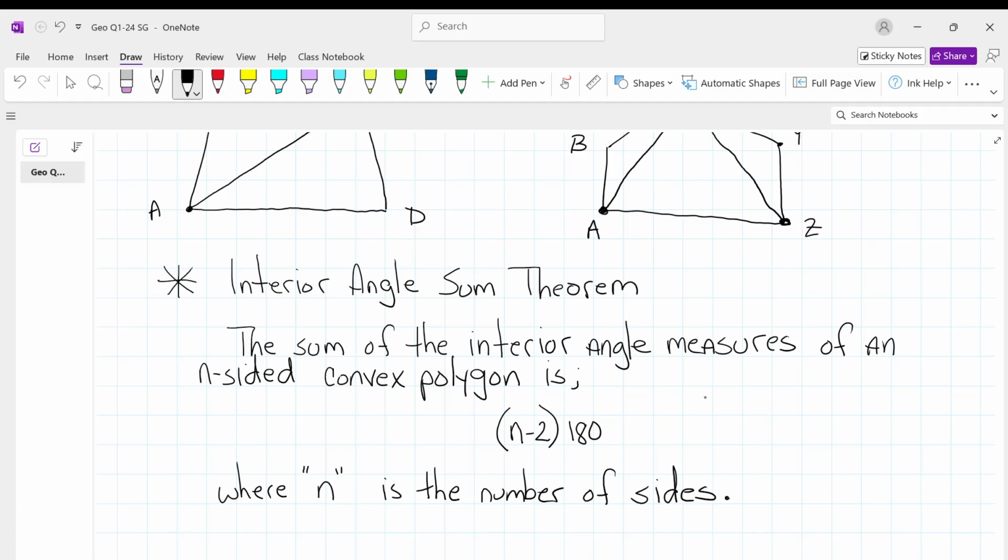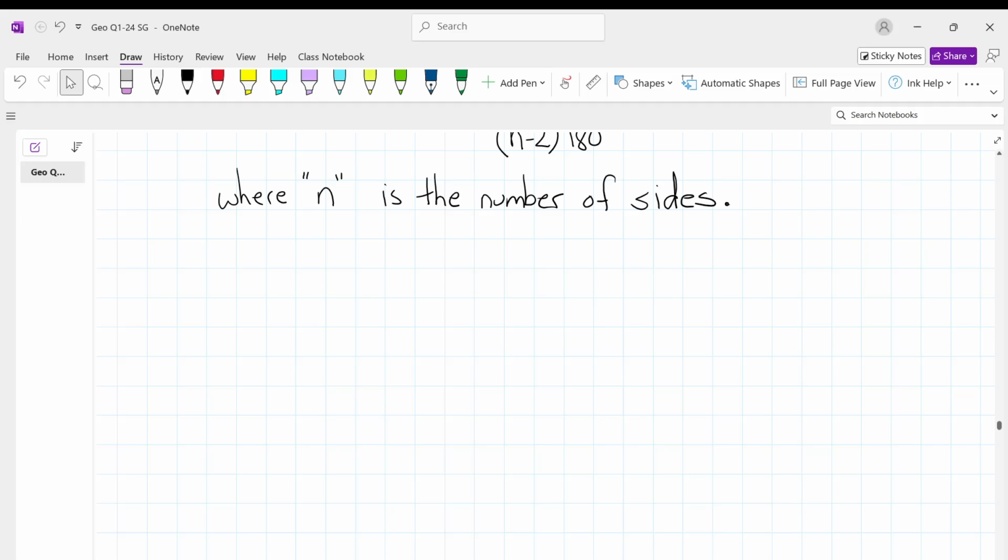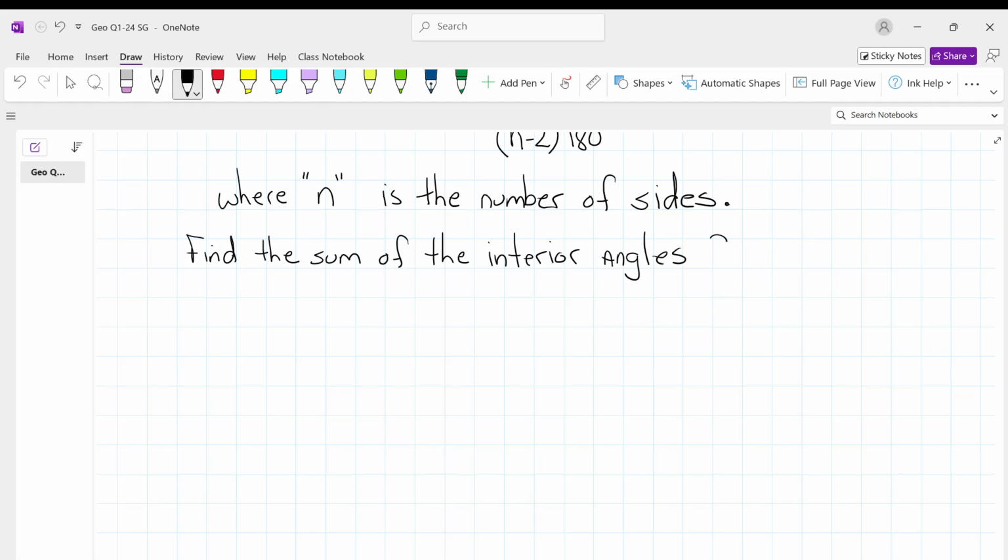But just to show you how the formula works, we could find the sum of the interior angles for the following polygons.